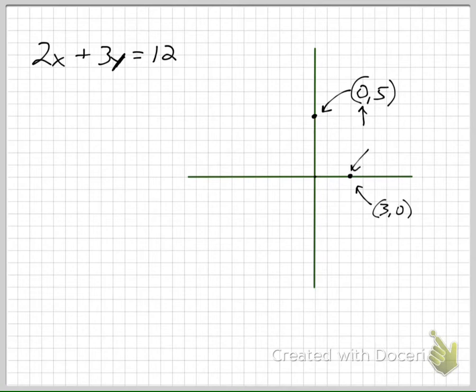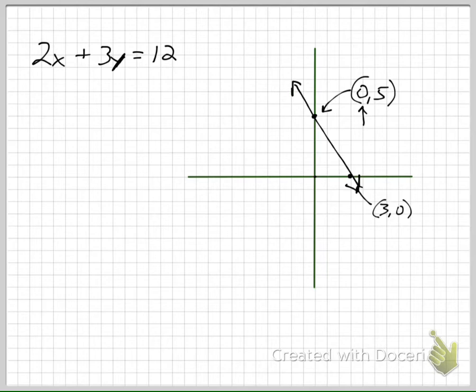At this point right here, y is 0. So that point is 3, 0. Now, if I were to graph this line, that's what it would look like.